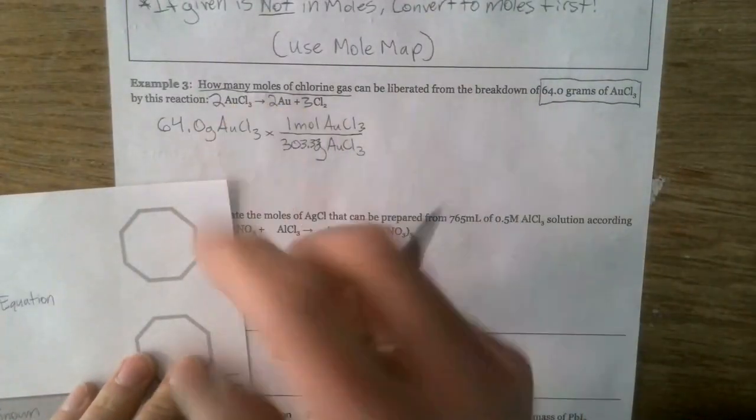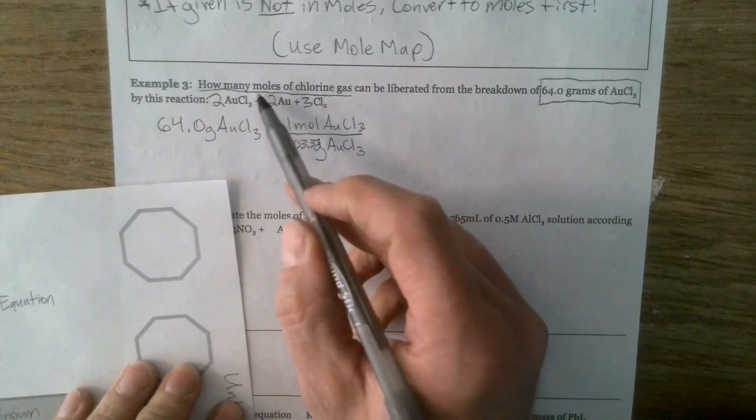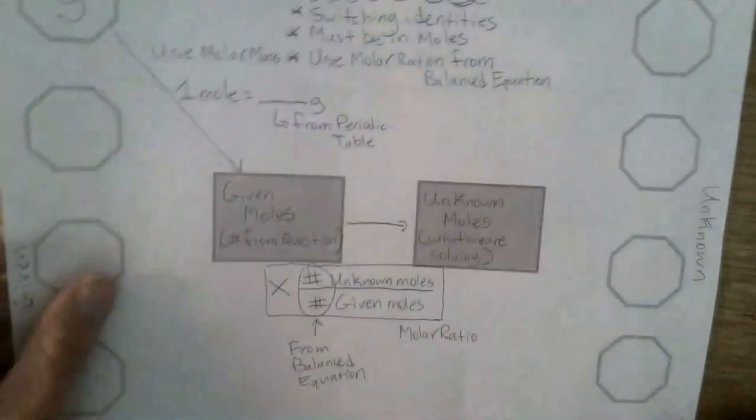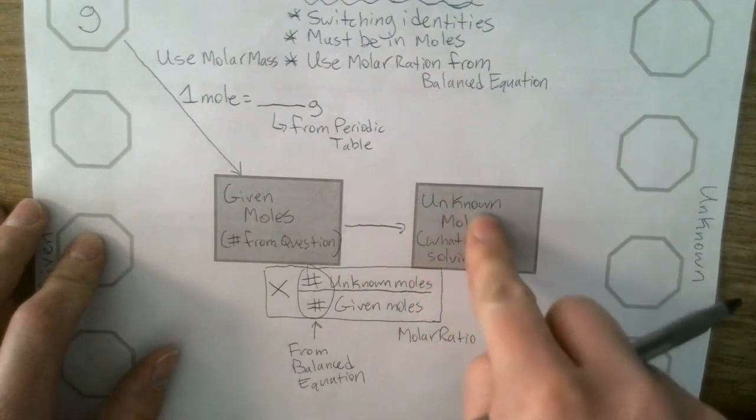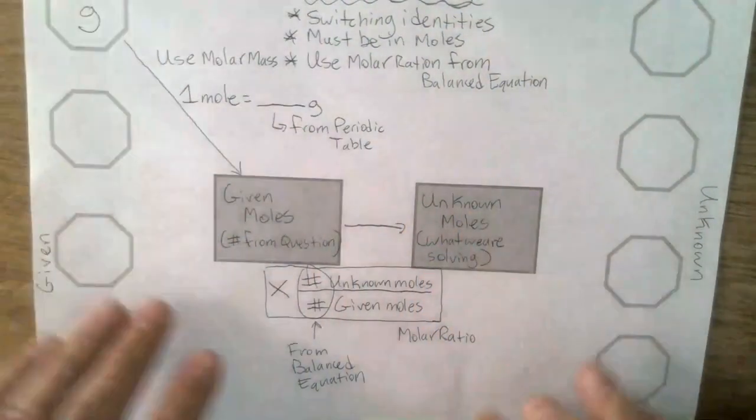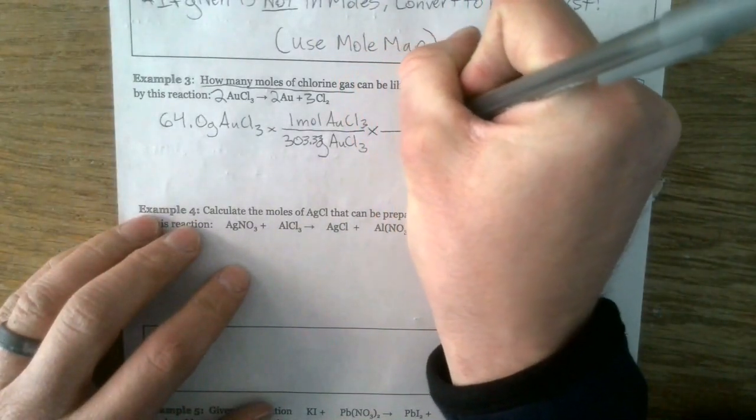Now the question is trying to get us to moles of chlorine gas. So we've gone this step, now we need to go one more, to moles of our unknown. So all we're going to do is add another step here.